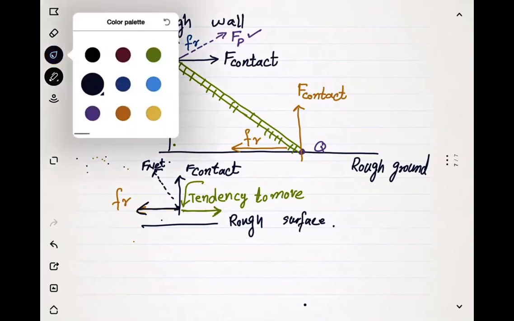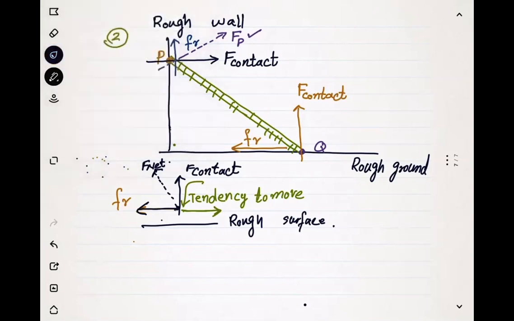So the resultant of friction and F contact will be the force on Q. So this is the net force on Q, and this is the net force on P. So the net force on Q and net force on P are shown, and the third force here is weight.